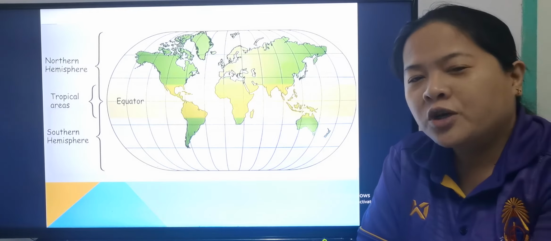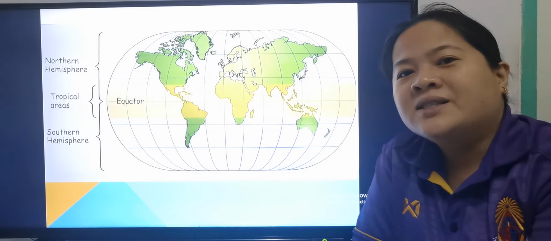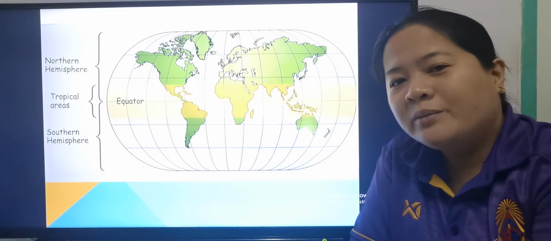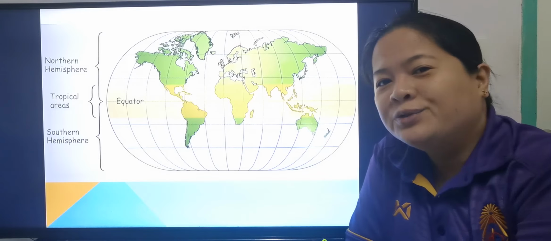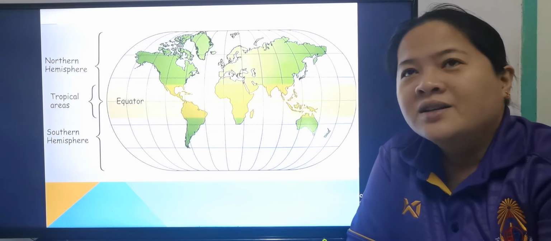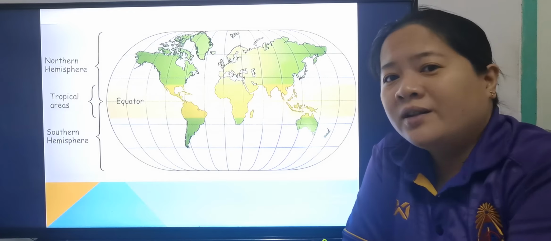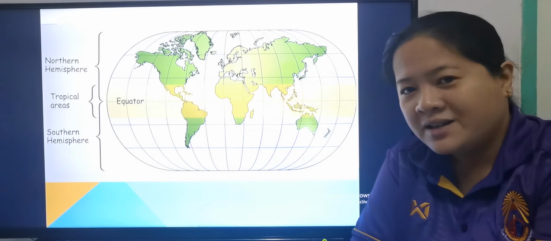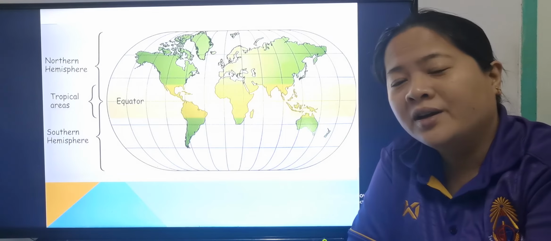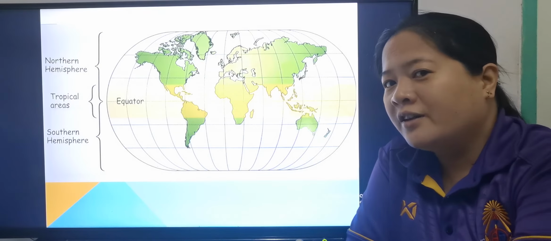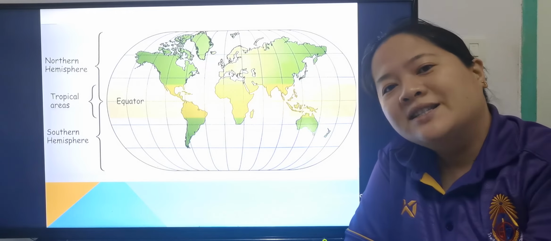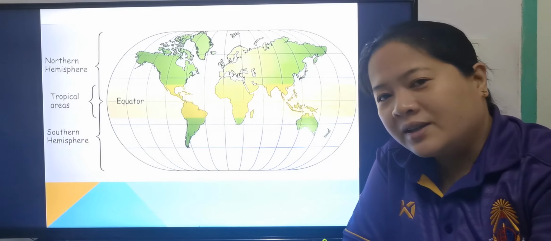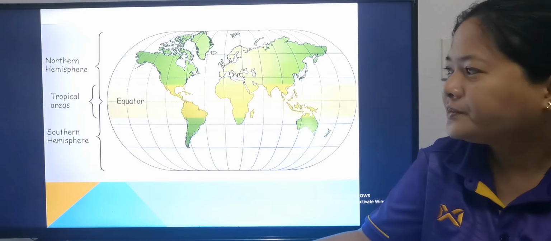So in tropical areas, we receive more or less the same amount of sunlight throughout the year, more or less 12 hours. Sometimes it will be less, sometimes more, but more or less the same throughout the year.